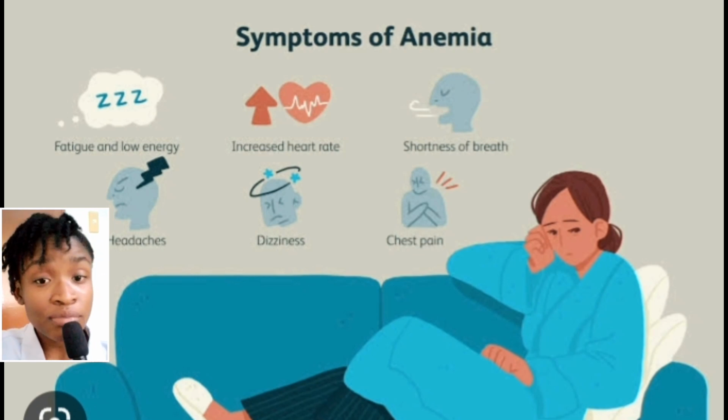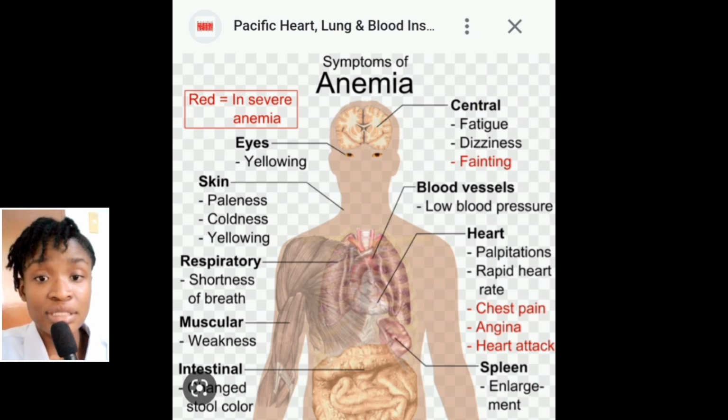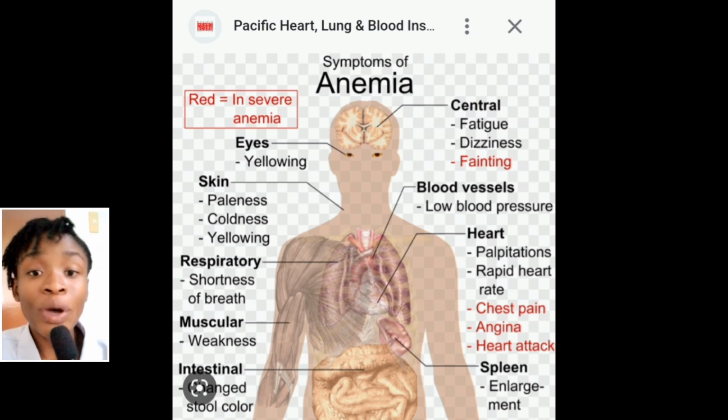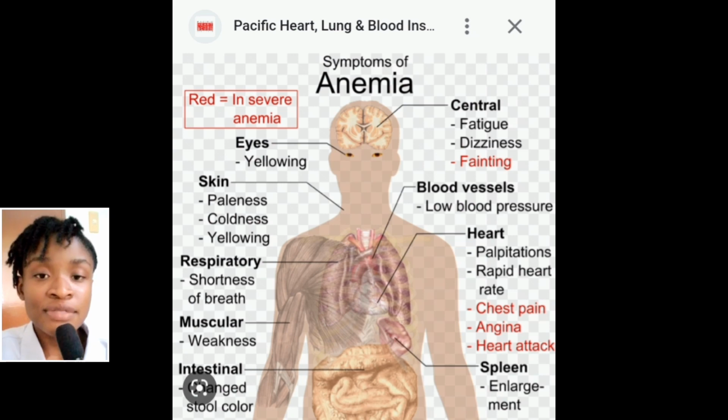One of the causes of anemia is a lack of iron. You can cure anemia depending on the cause of you having anemia, or of you having a lack of oxygen in your body, because sometimes it might be just you not having enough sleep. So that is it for anemia.